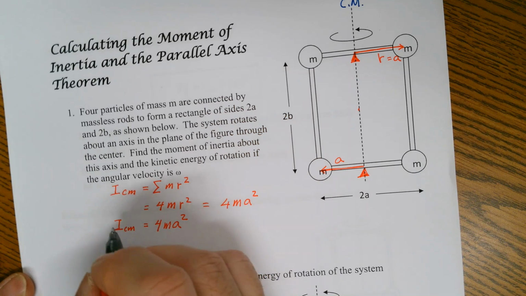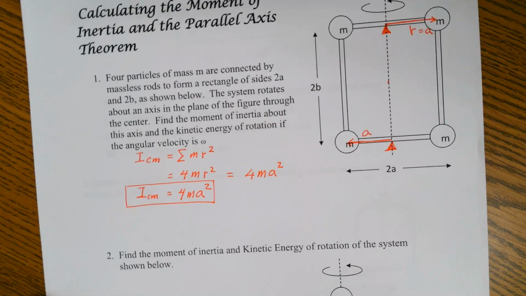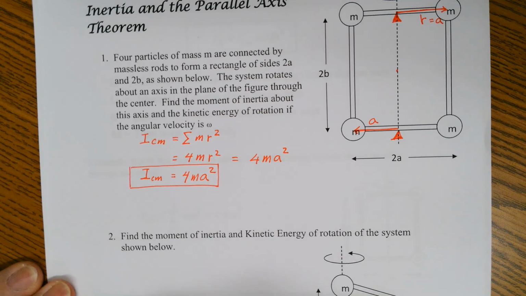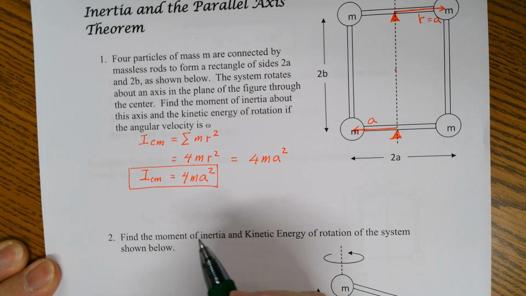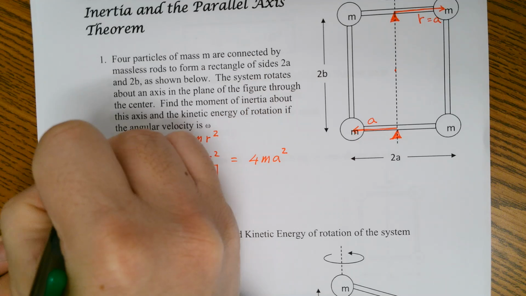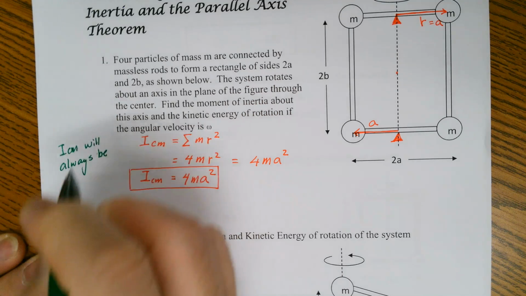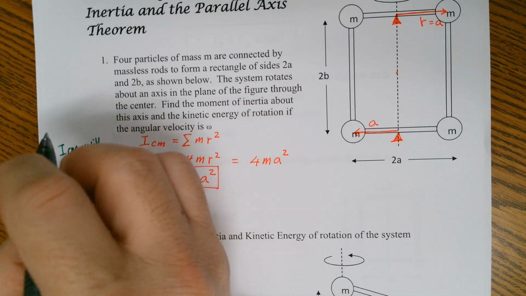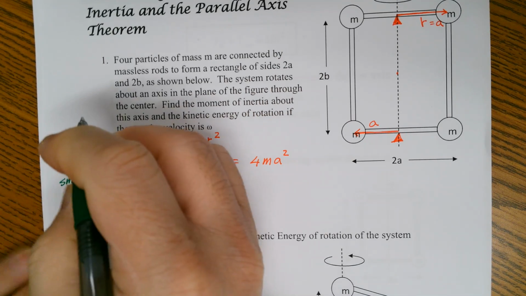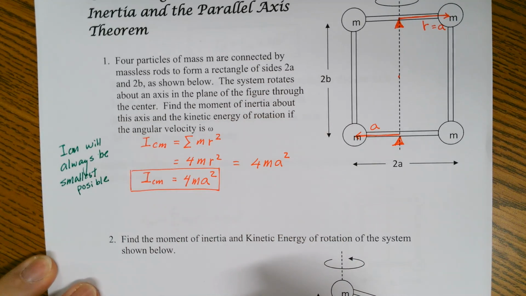So rotating about its center of mass is the least resistance. I sub CM will always be the smallest possible for the center of mass.